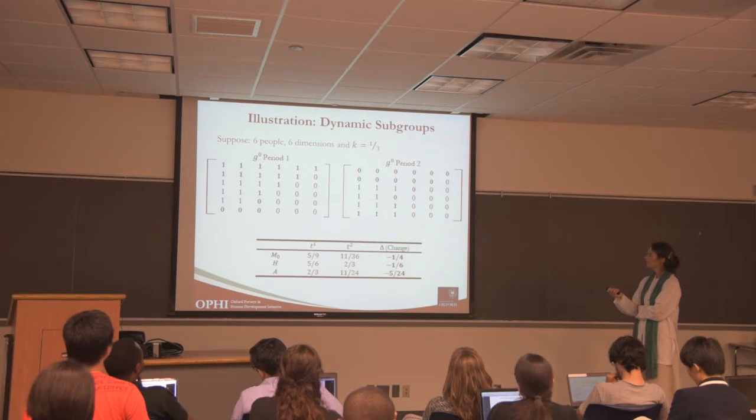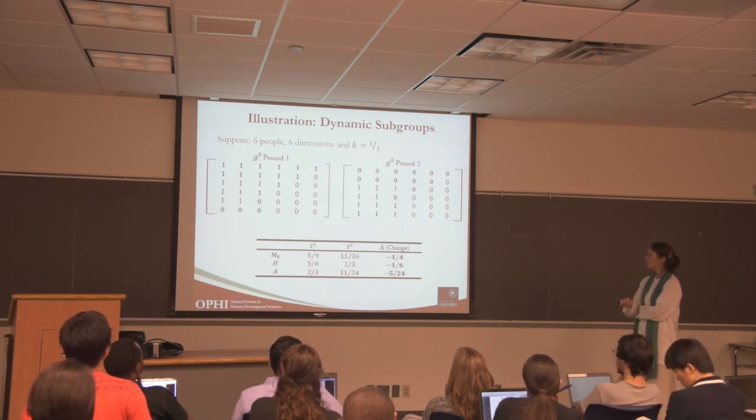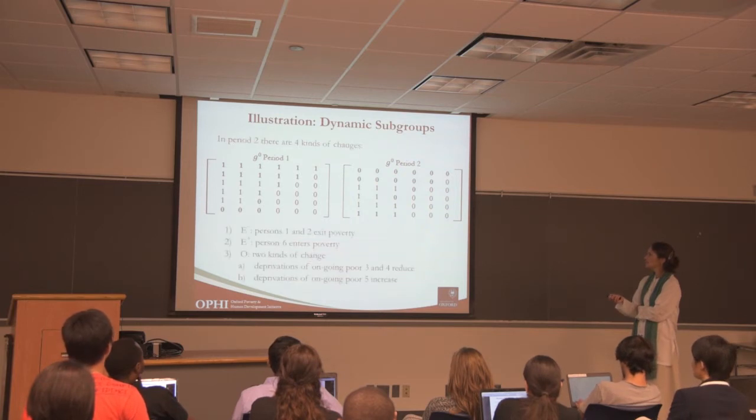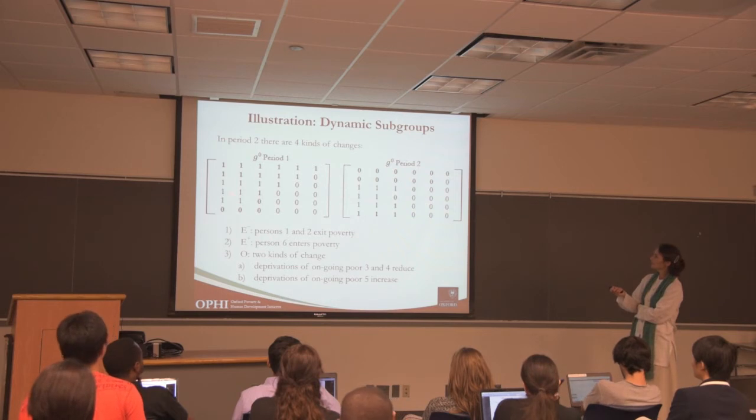This person's fallen into poverty, these 2 have left poverty, and these have different numbers of deprivations. So here you can see the overall headcount ratio and the percentage change, which we could do with cross-sectional data. But here you can see much more the detail. Okay, this person had 4 and got rid of 1, so got rid of this one.